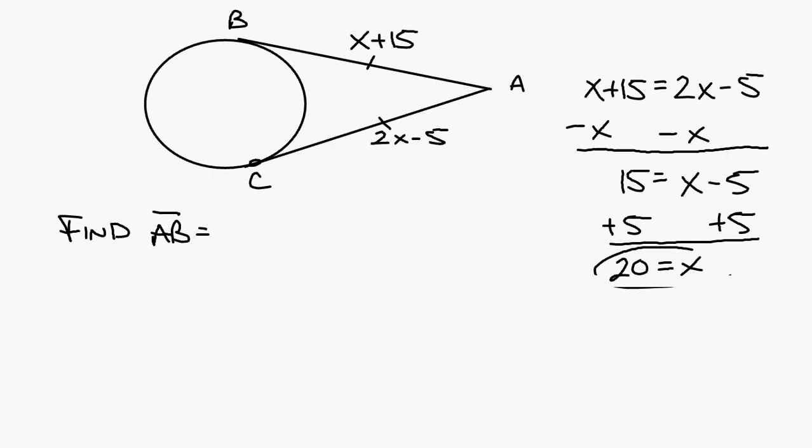And if 20 is equal to x and you need to find AB, well, AB is equal to x plus 15, so you can substitute. So AB equals 20 plus 15, and AB equals 35. Everybody all right with that? Good, good.